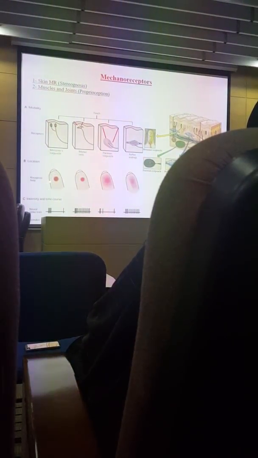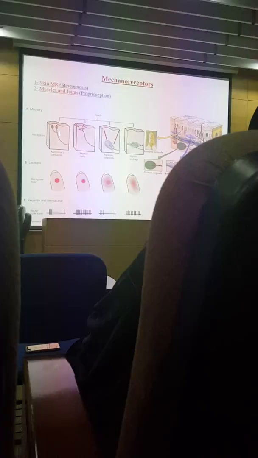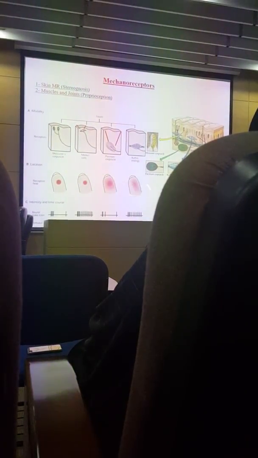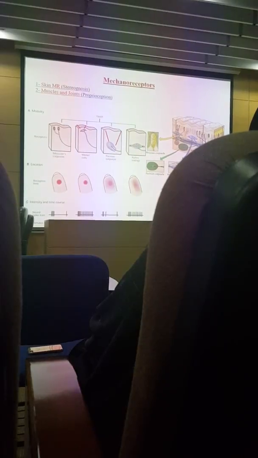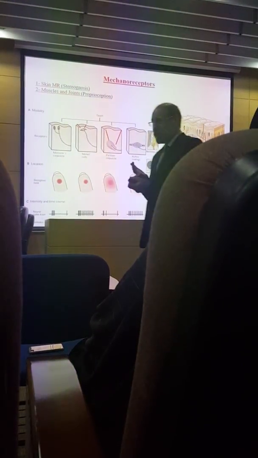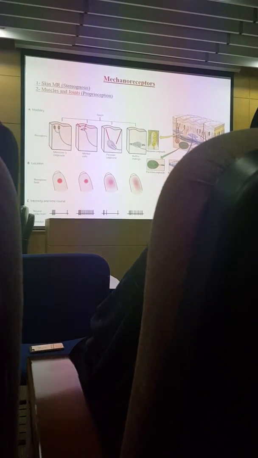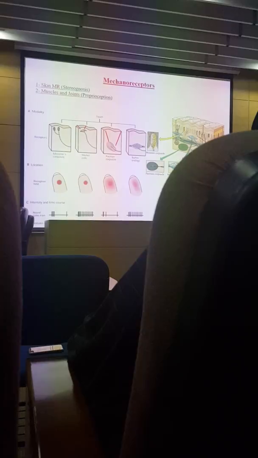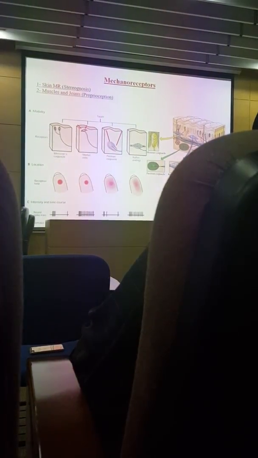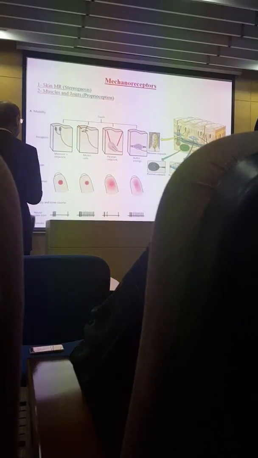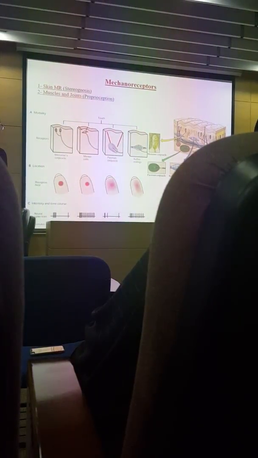So if the receptive field is small, it is an M receptor, which is superficial, while if the receptive field is big, it is deep and not M. If superficial, it is M, so M is Merkel or Meissner.